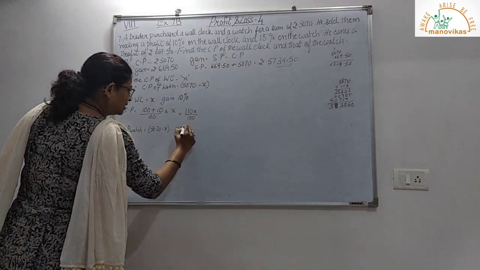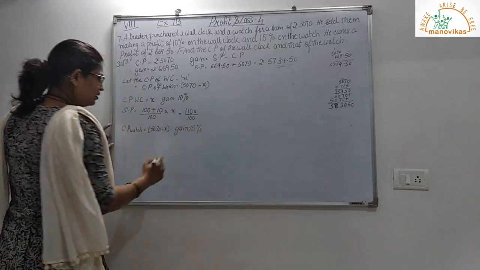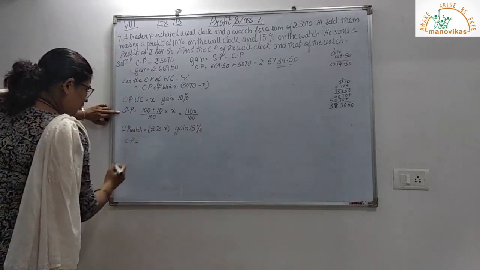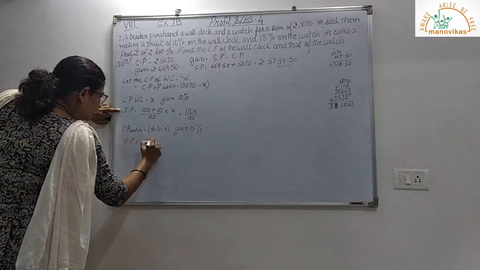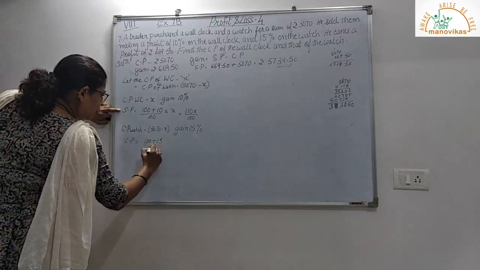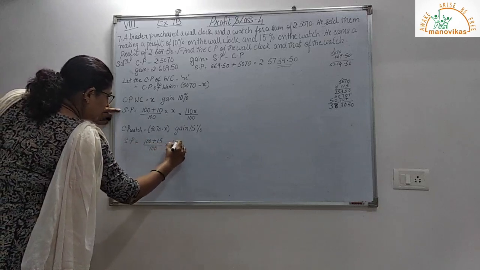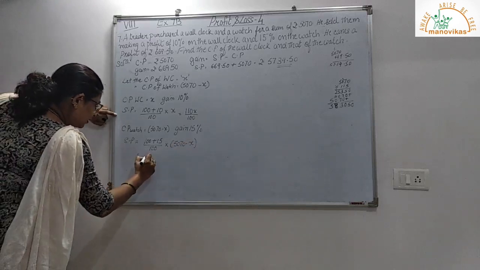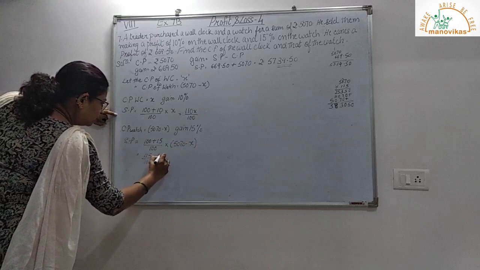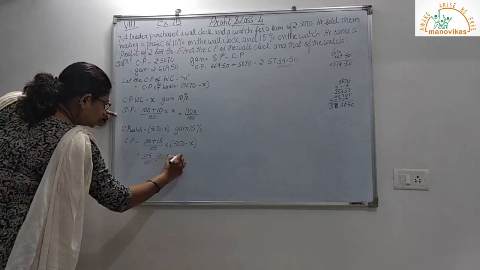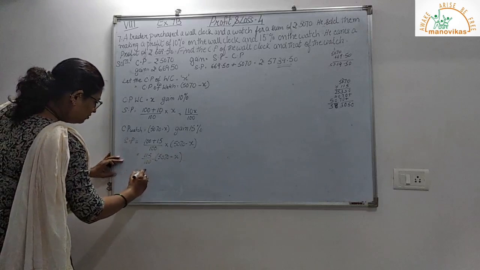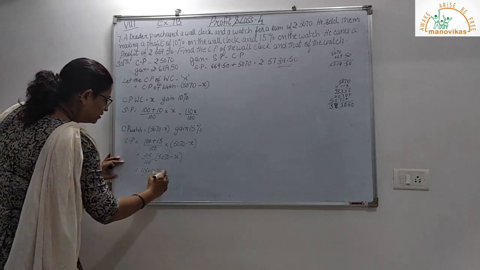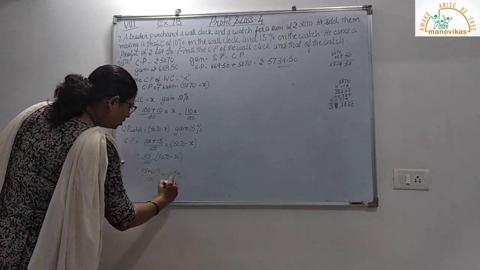So we can find the selling price again, which is equal to 100 plus 15 upon 100 into the cost price, that is 5070 minus X. So we get 115 divided by 100 into 5070 minus X. This we can write as 115 into 5070 divided by 100 minus 115x upon 100.